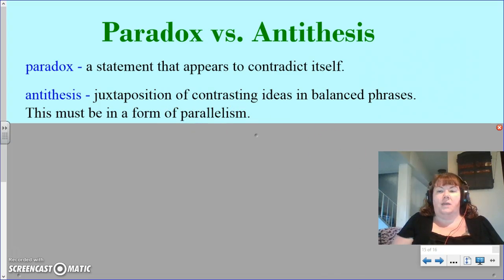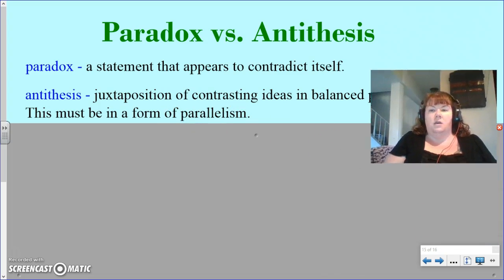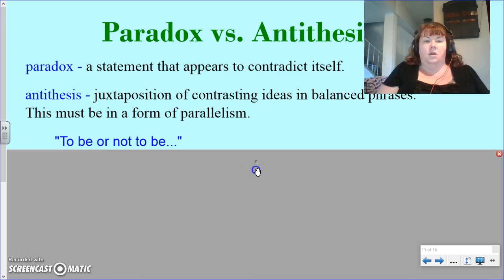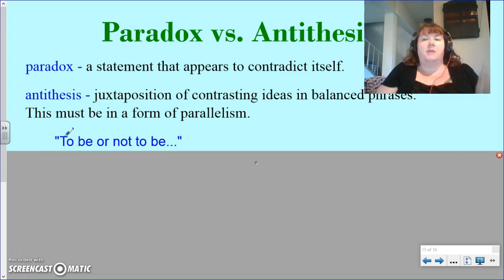Okay, I'll move the camera so I can show you some examples, and leave the definitions there. To be or not to be. The contrasting idea here is existence: you do exist versus you do not exist. Looking at the idea of parallelism, the first main thing is yes, we have opposite ideas, but do we have a parallel structure?